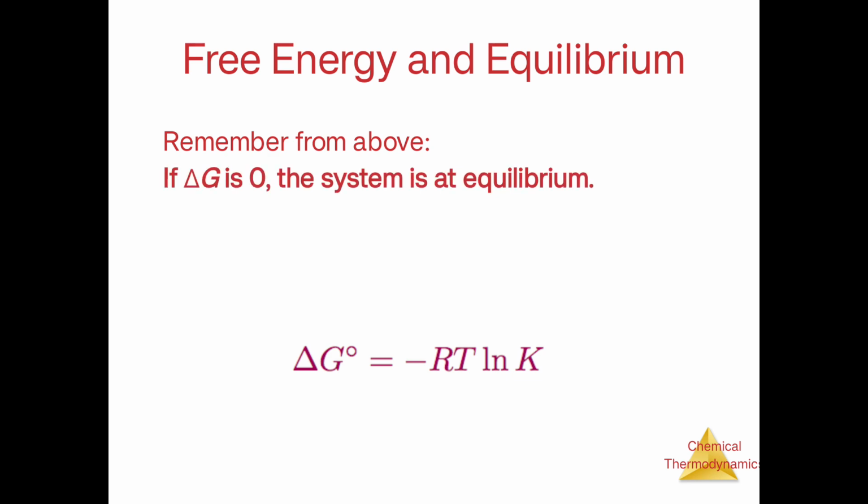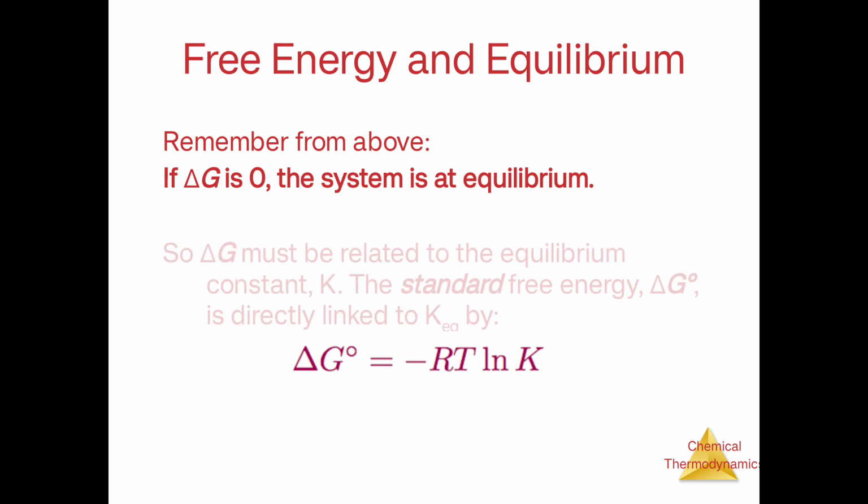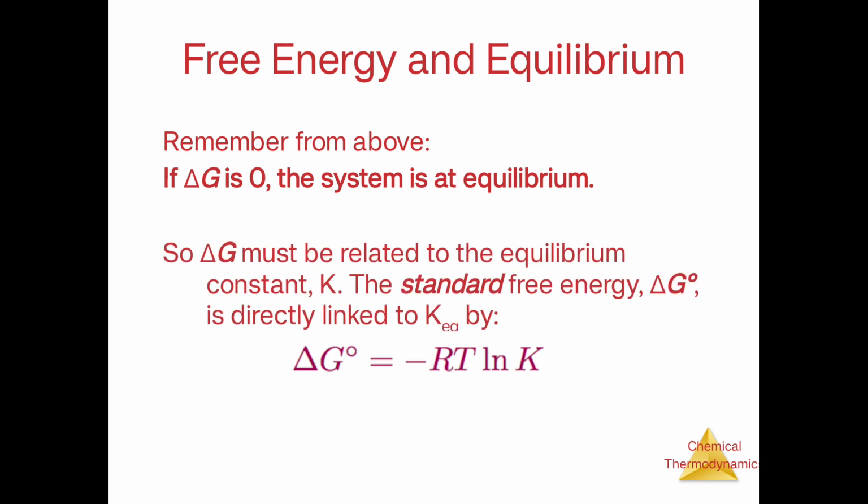Free energy and equilibrium. This is another important thing to account for, to find maybe the equilibrium constant. So if your free energy change is zero, then the system is at equilibrium.